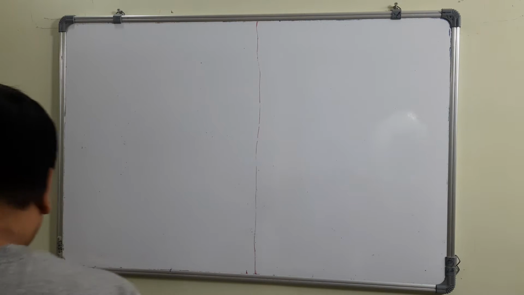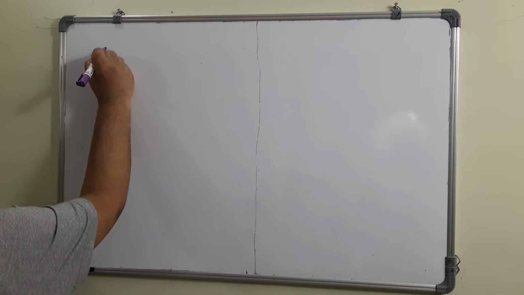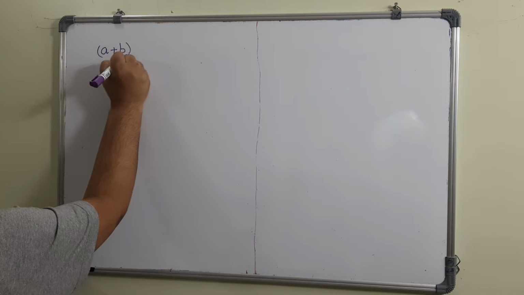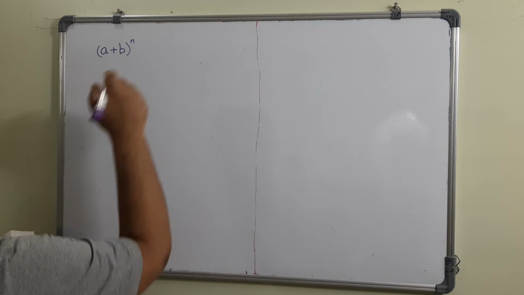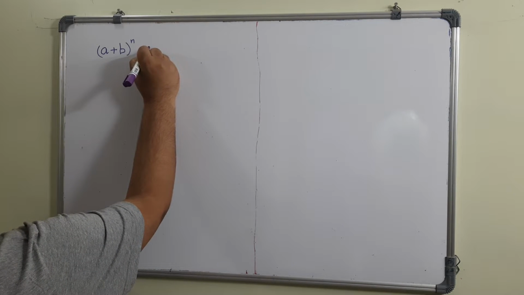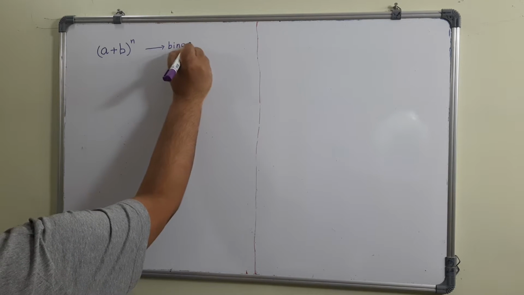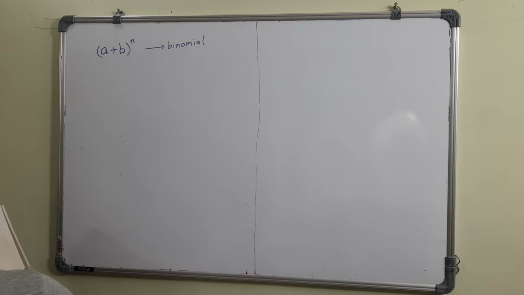Now, as you can see, the expression of the form (a + b)^n is called a binomial.